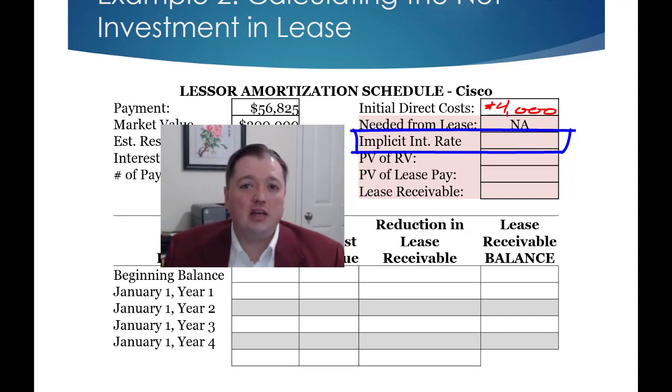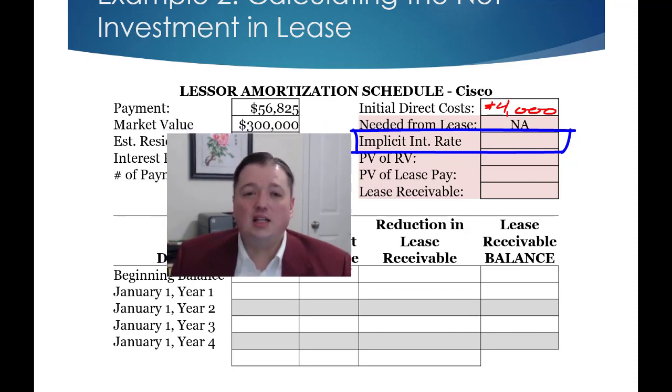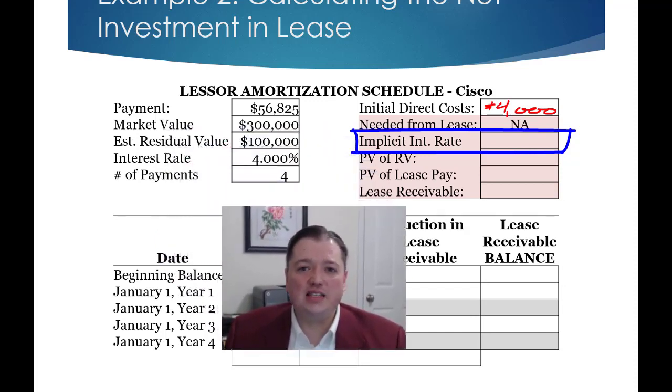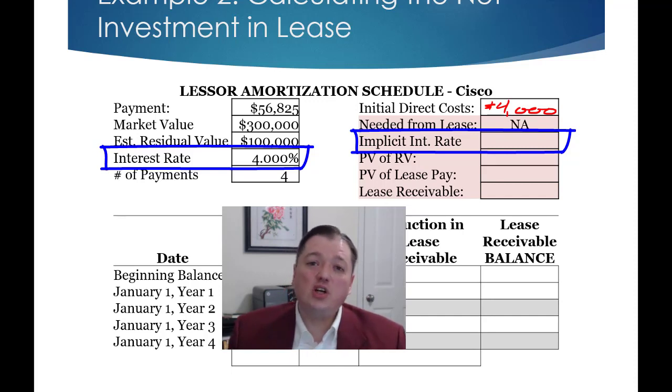But as people started to implement the standard, FASB and audit firms and others realized that it was too much fun, the way that FASB had originally written it. Luckily, FASB has simplified it and simplified it and simplified it to the point where most of the time the implicit interest rate comes out to be equal to the interest rate that the company is charging on the lease. However, we still have to go through the calculations and make sure that the interest rates really are the same.